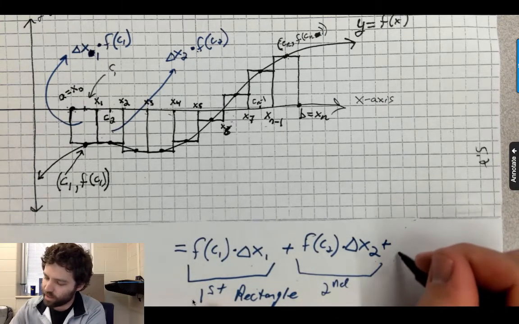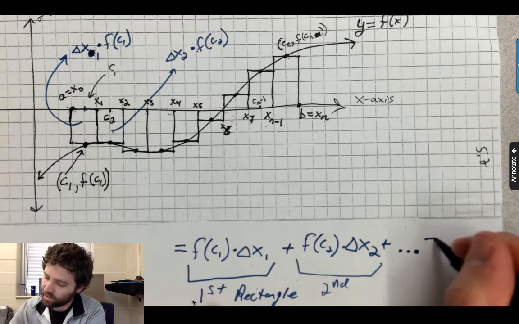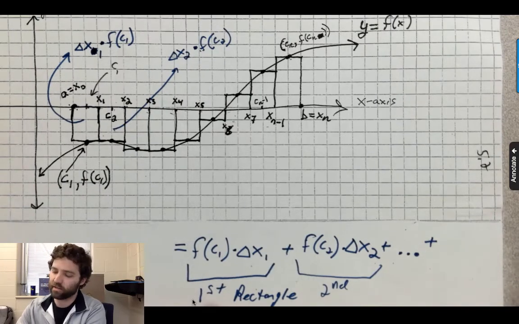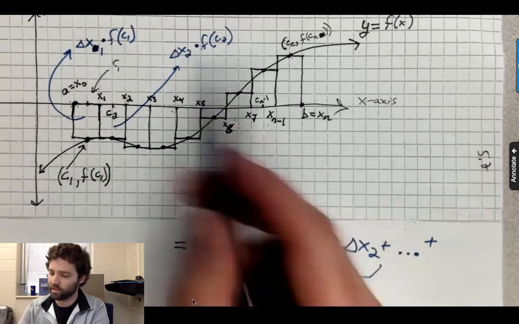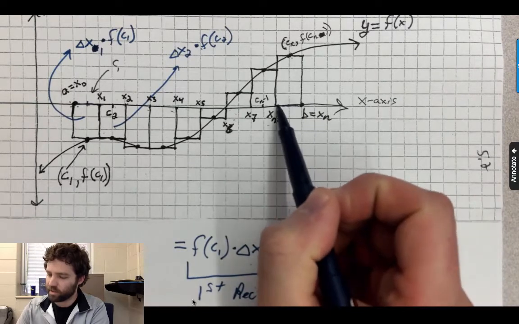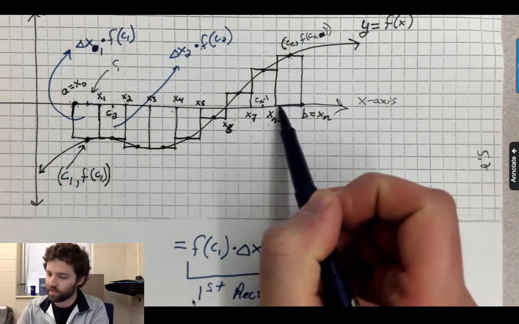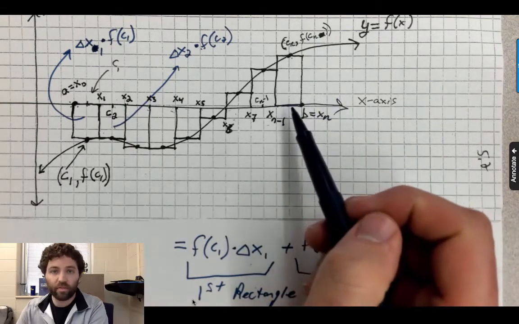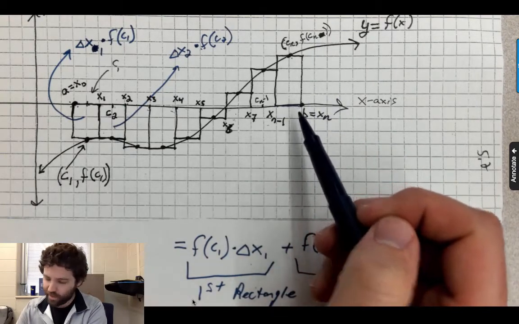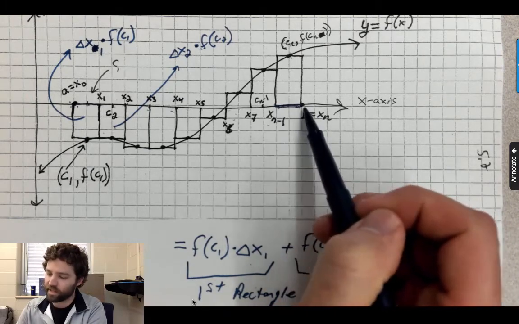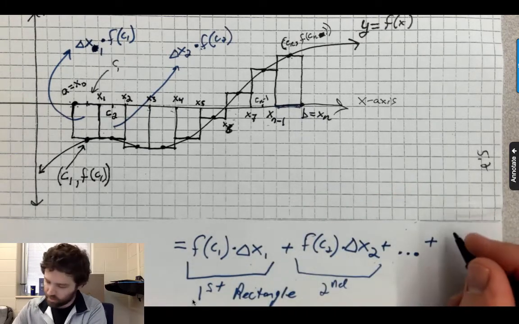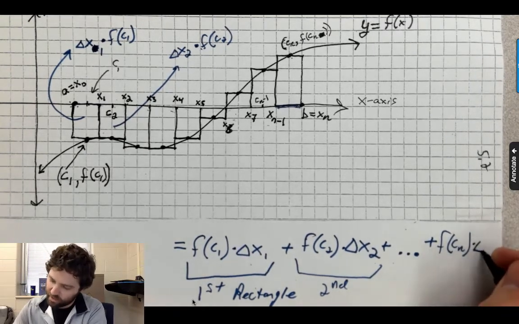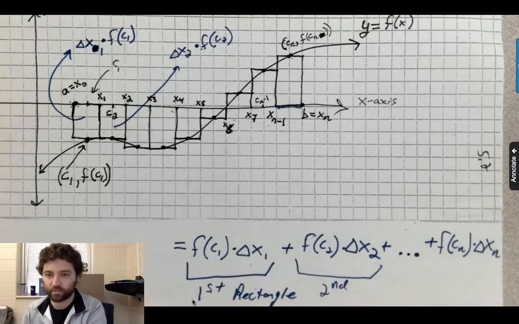But I'm going to put dot, dot, dot, and then I'm going to go all the way to the last rectangle. What's the area of the last rectangle? Well, you might pause and think about that for a second, but I'm going to give it to you now. So the area of this last rectangle is going to be the height of it, which is f of c sub n, times delta x sub n, whatever the width is at the end here. So plus, so we'll write that out. So it's f of c sub n times delta x sub n.